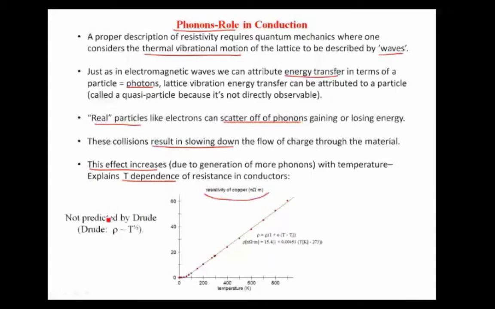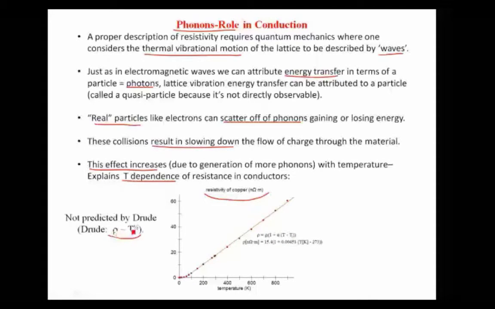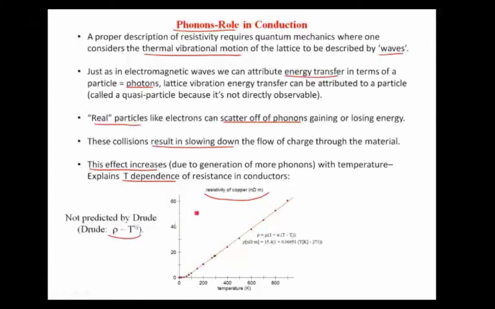Drude, on the other hand, predicts that that would go up as T to the 1/2. The good news is Drude predicted that it would go up. Actually, people knew that, but he was trying to get the right dependencies. The bad news is he got the wrong exponent. Theory that was developed in the 30s and 40s got this result very nicely from quantum mechanics.